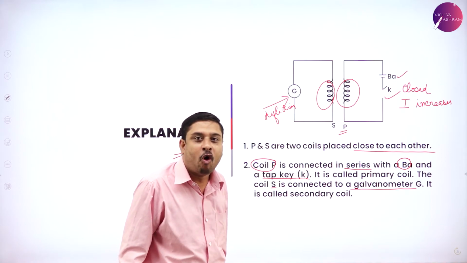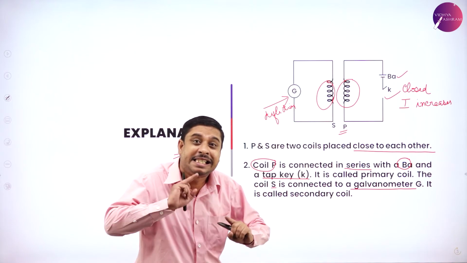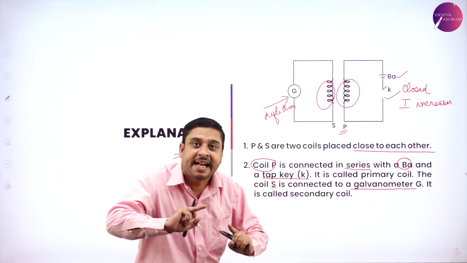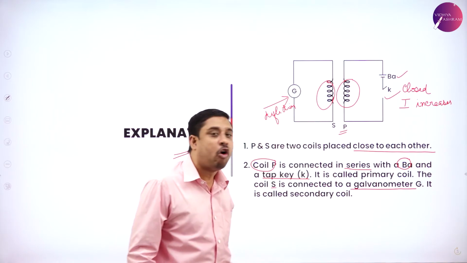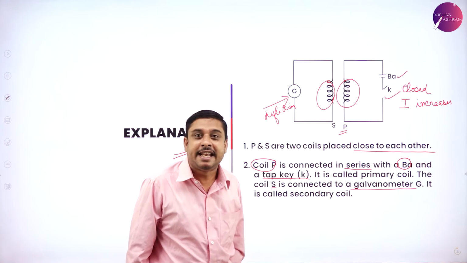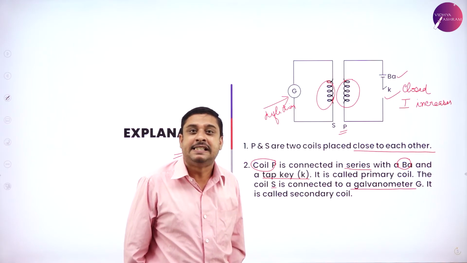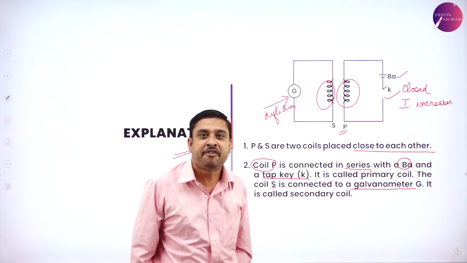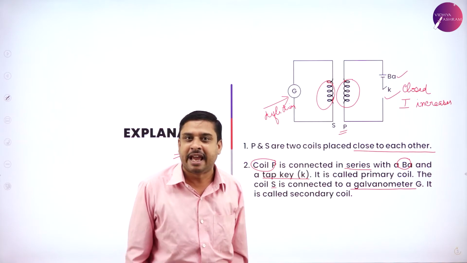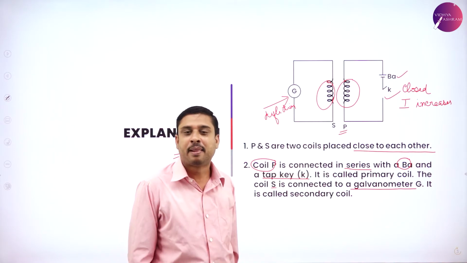Current flowing through the primary coil is changing the magnetic flux linked with the secondary coil. Hence there is induced EMF. Hence current is induced in the secondary and the galvanometer shows deflection. Very beautifully, there is mutual induction.